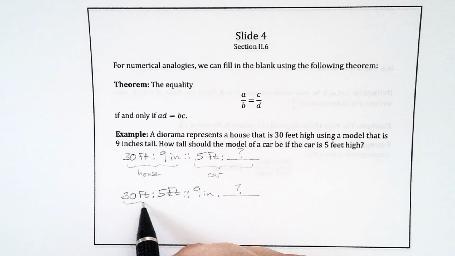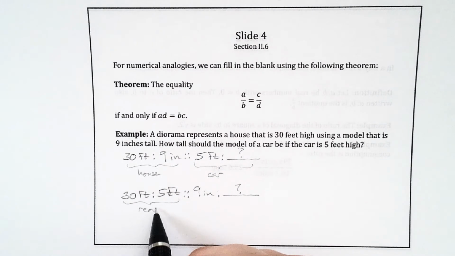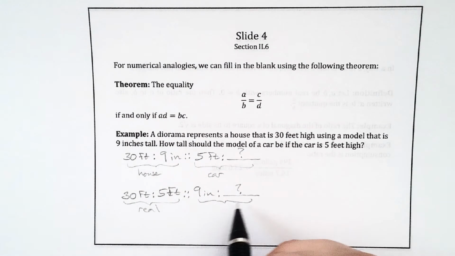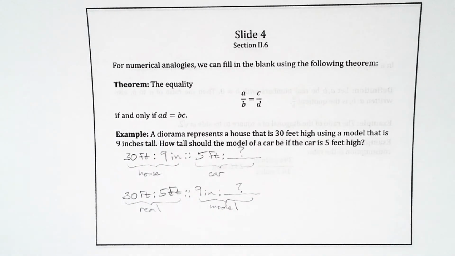So here, that's the real things. Here, that's the model. But you see there's some consistency where, this first way I write them, on each side we have feet to inches. Feet to inches, feet to inches. Down here, where I've got real versus model, on each side I have house to car, house to car. So as long as it's consistent, then it's fine. It doesn't really matter how you set it up.